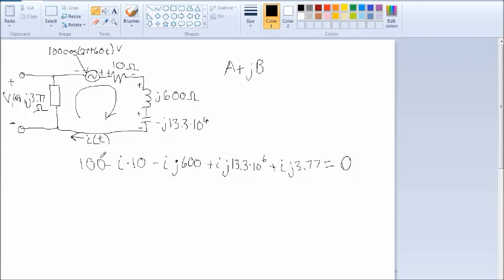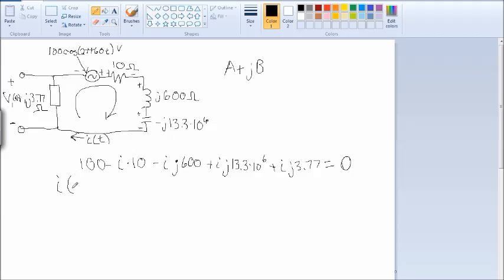So now we want to solve for I, the current. So we need to get I by itself. As you can see, I is in all these terms except for the 100, so we just need to do a little bit of algebra here.